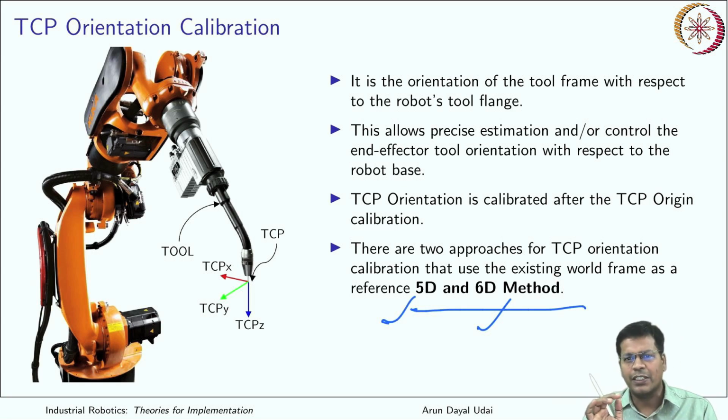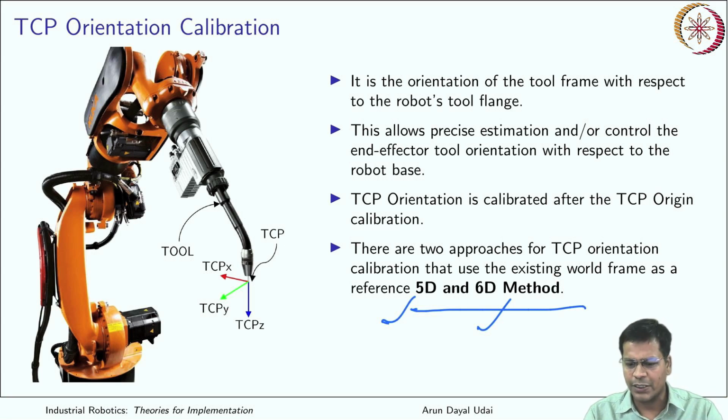If it is just a single robot, the world frame can be placed at the base of the robot, so it is exactly the zero frame of the robot itself. That also can be done. So this frame is a free frame about which I want to understand how the tip of the TCP is oriented. That is our job.